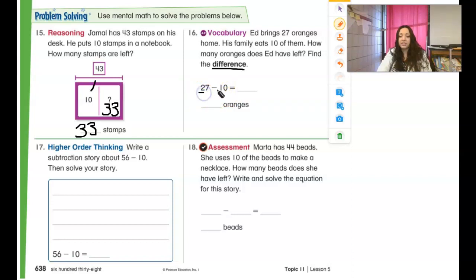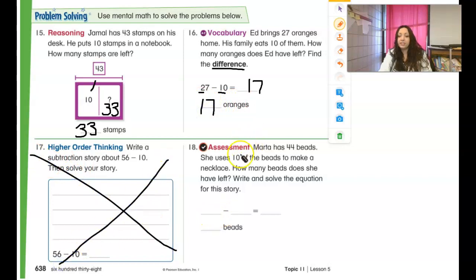I had 2 10s. I took 1 away. So 2 take away 1 is just 1. And then remember my 1s, I had 7 1s. I didn't do anything to it, so I had that 7 1s left. So what's 1 10 and 7 1s? 17. Very good.